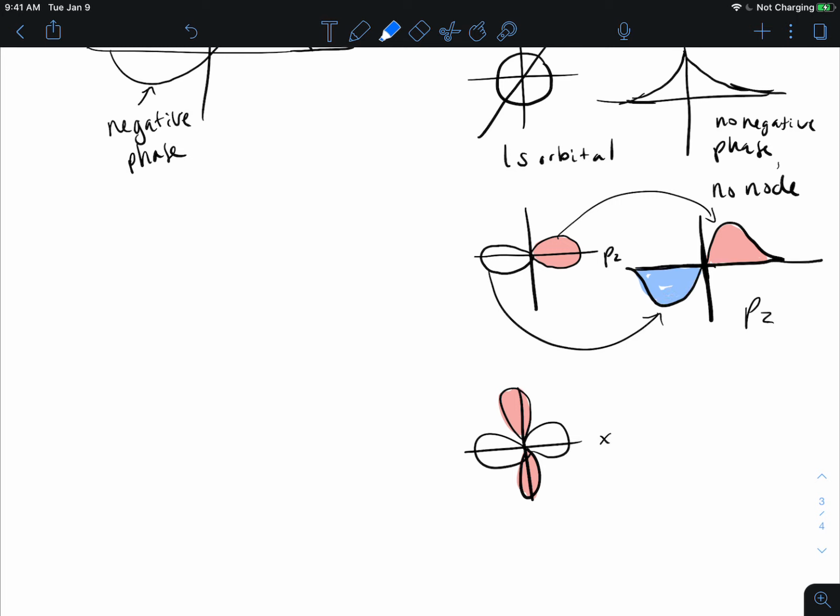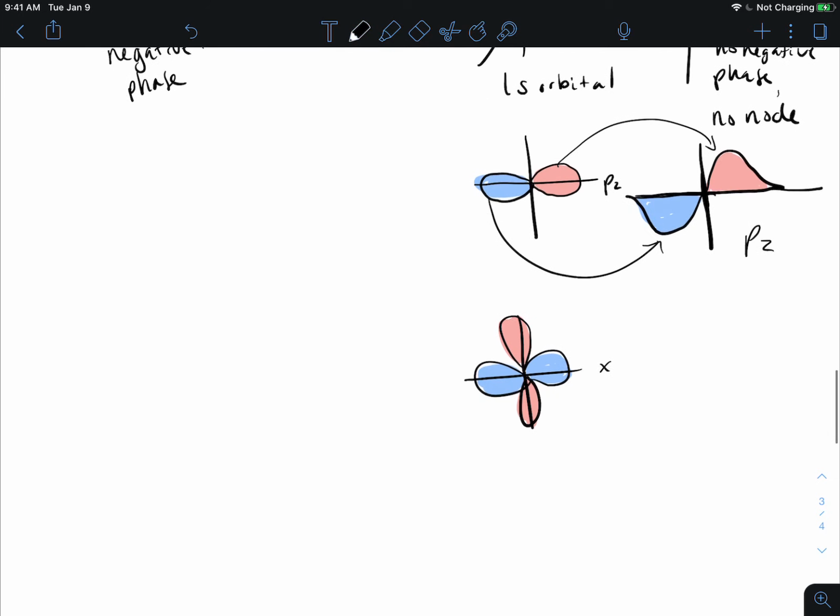I am so good at coloring in the lines. There we go. So when we think about combining, the phase matters. If we combine and the phases match up, we have constructive combination. If we combine and the phases do not match up, we have destructive combination.